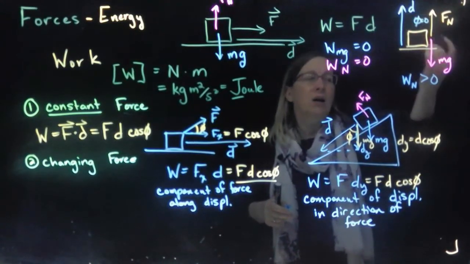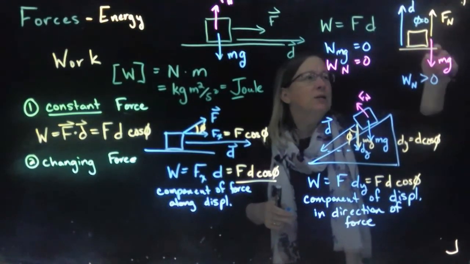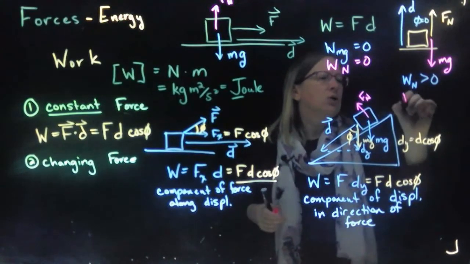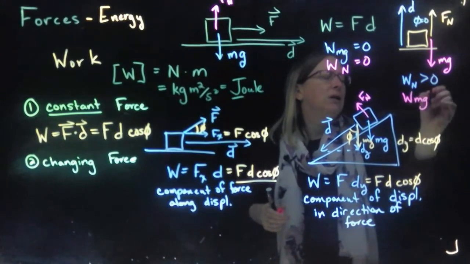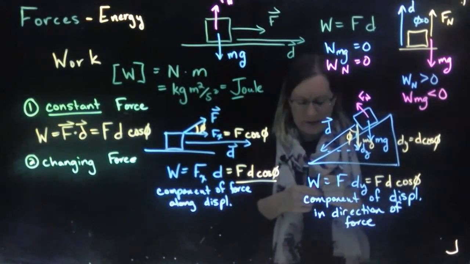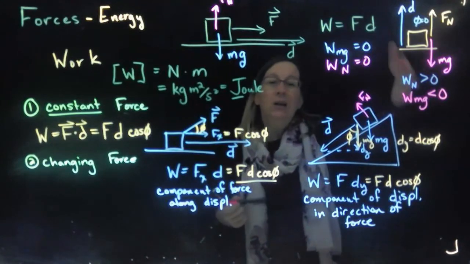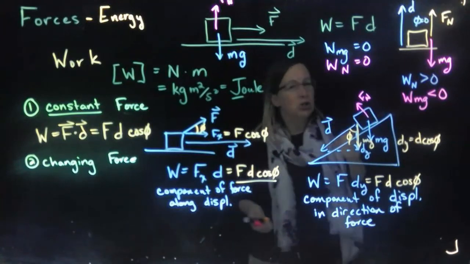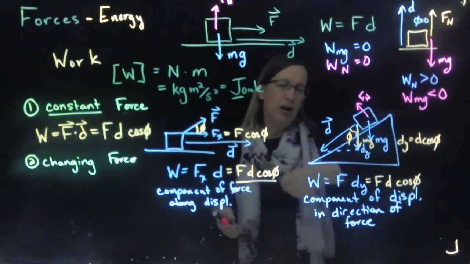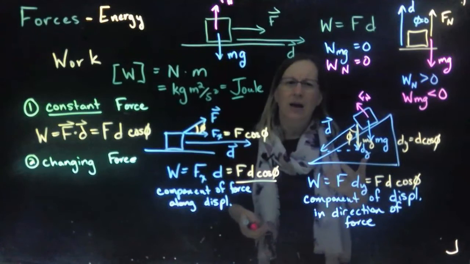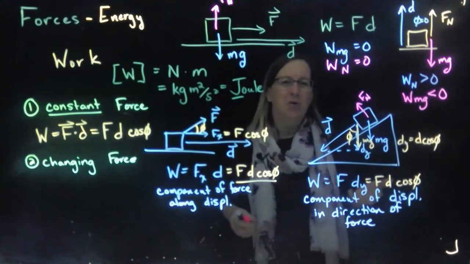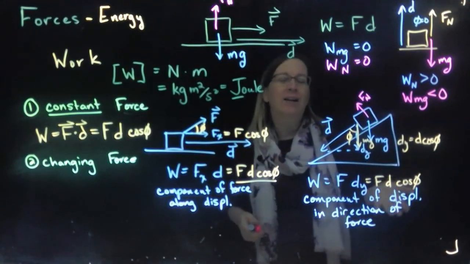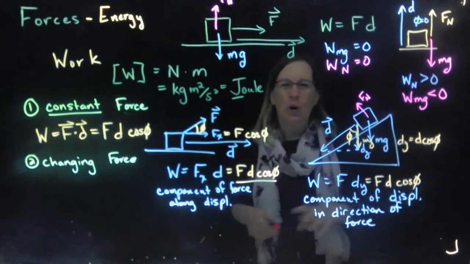But the angle between the displacement and the weight is 180 degrees, so the work of mg in this case is negative. It's less than 0 because it's really in the wrong direction. So work doesn't have a direction, but it can be positive or negative, and you can think of it as whether the force is helping or not helping. In this case, the weight force is not helping. Your hand's having to go against that, and that's the work that it's putting in.